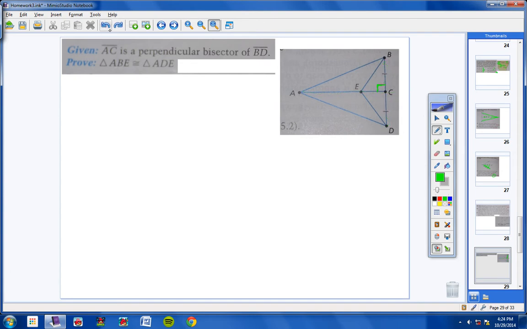So I'm going to put a slash here and a slash here. Now we're trying to prove that this triangle here, ABE, is congruent to ADE. That right there. Okay, so here we go. Let's go ahead and do this.